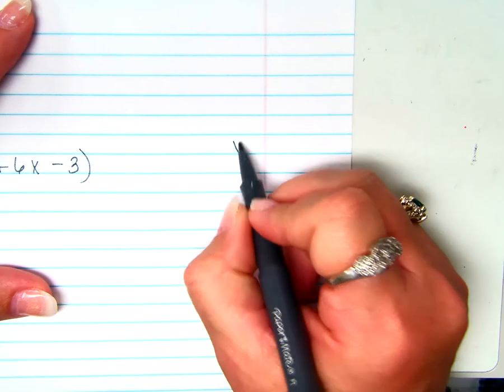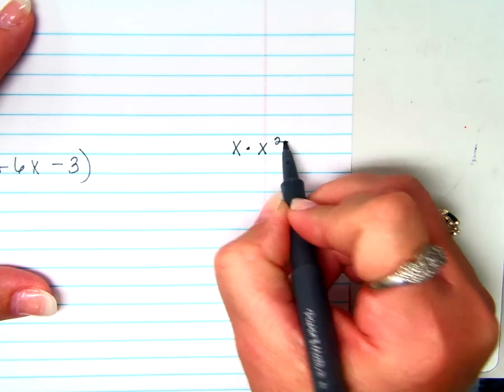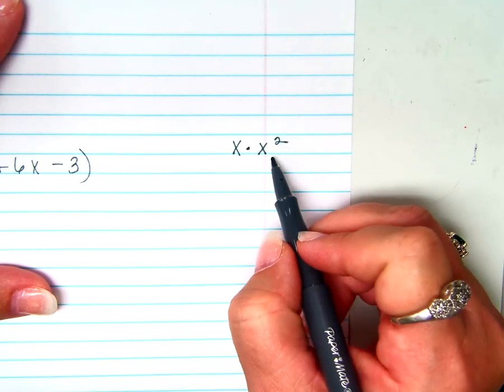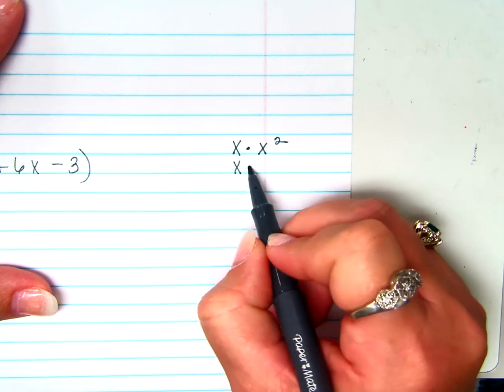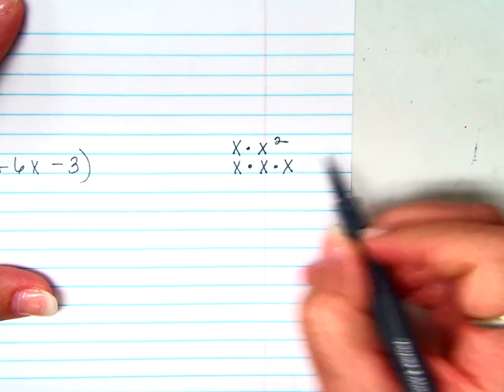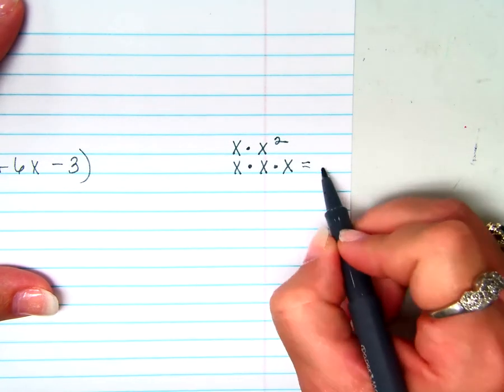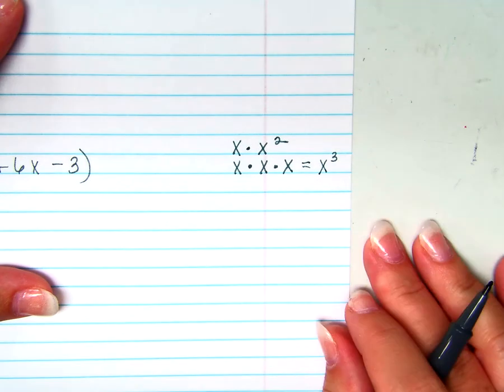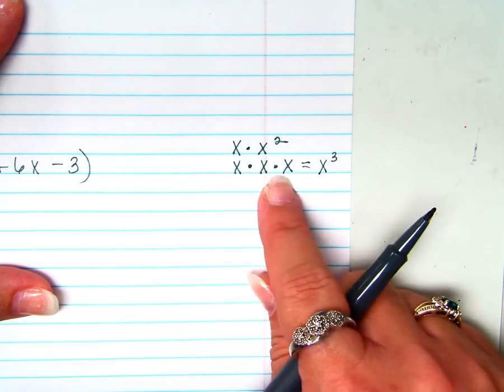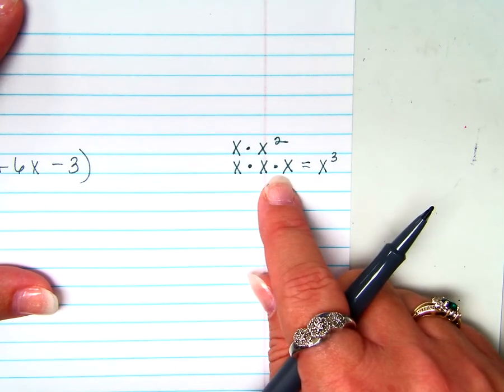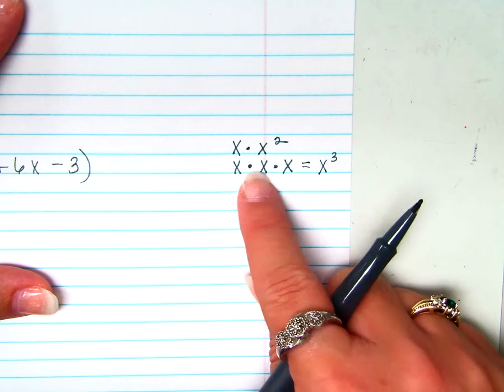So if I say x times x squared, what's x squared the same as? X times x, so don't I really have x times x times x? So what should that equal? X cubed. Now people say, well, I have 3 x's, so that should be 3x. Except I'm not adding, I'm multiplying.